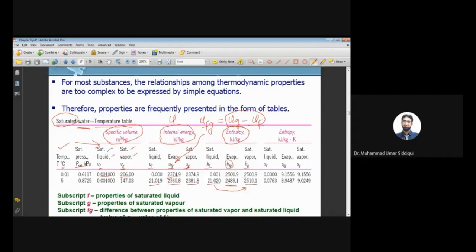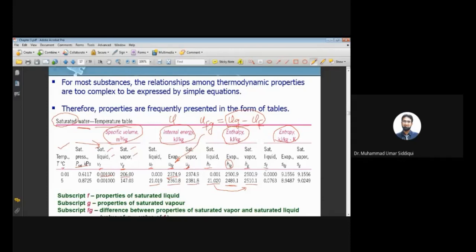Similarly, then we have another property here, entropy. Entropy's unit is kilojoule per kg Kelvin. We're going to discuss this property in detail in the second law of thermodynamics, specifically when we start chapter number 7. So right now, just take this property for granted. We're going to understand it much better when we reach there. Anyways, the property values are given here.